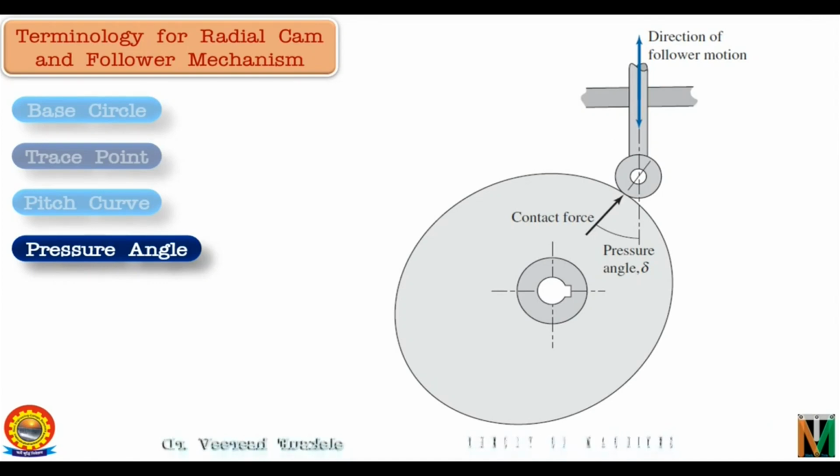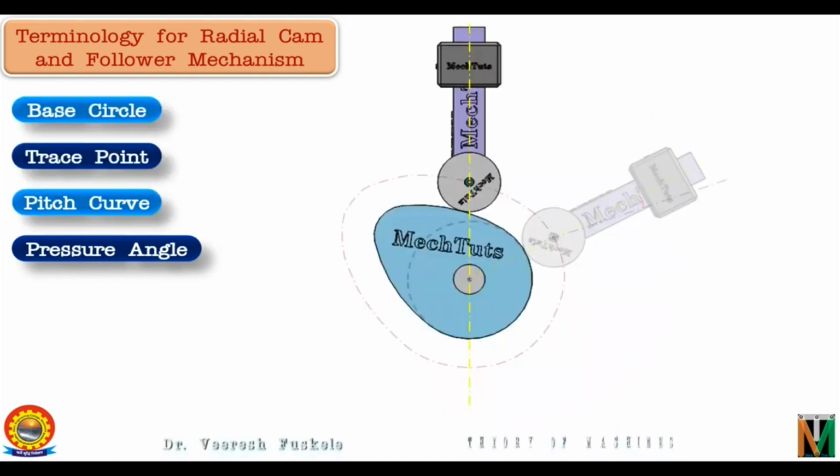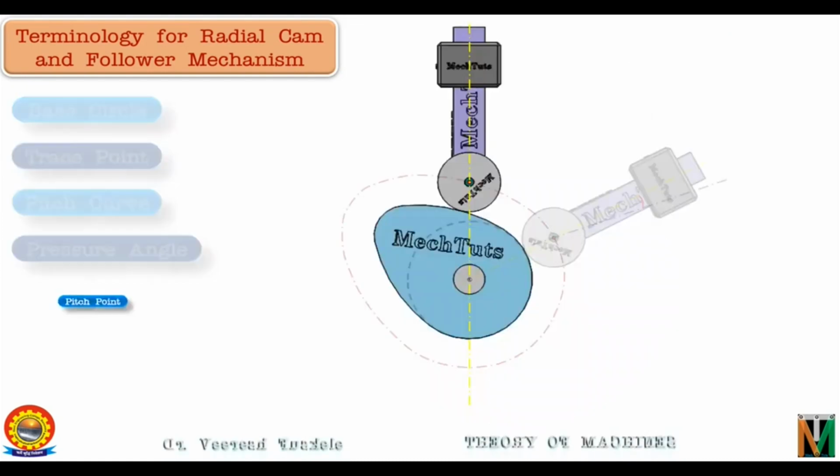So having discussed these terms, let us now move to part 3 of this lecture and discuss the term pitch point. As we discussed in the previous lecture, the pressure angle is changing with the cam rotation. Each point on the cam surface has a pressure angle and it varies in magnitude at all instants of the follower motion.